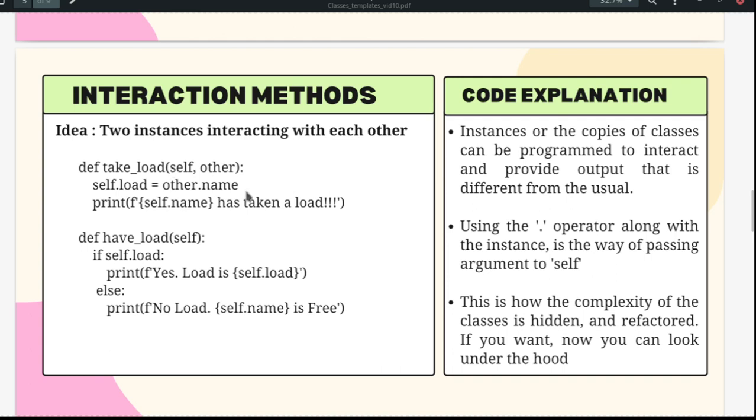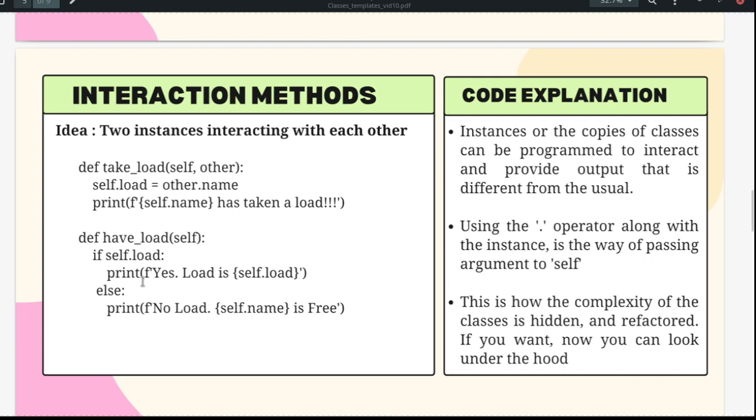So here I have created a method which allows one rocket to take the other rocket as a load. Basically, it will allow one rocket to carry another rocket, and another method tells whether a rocket has a load or not.